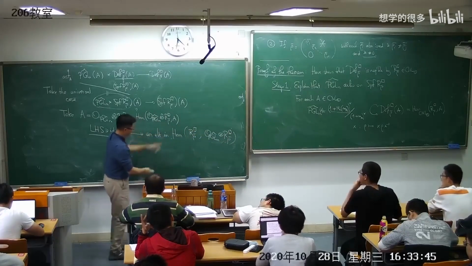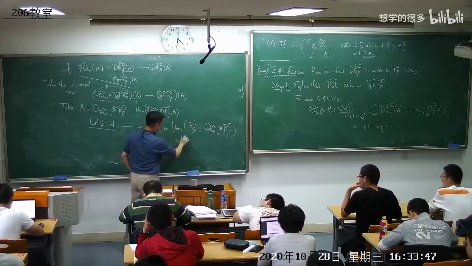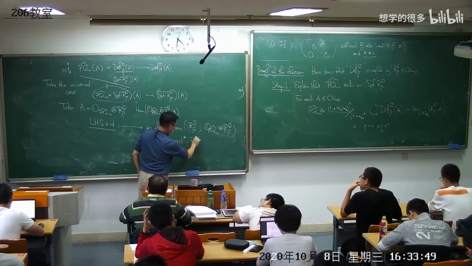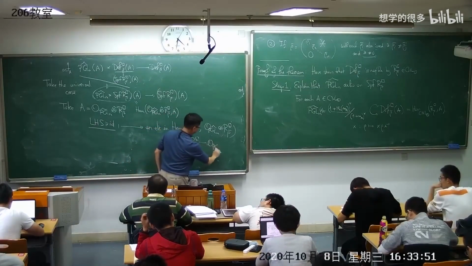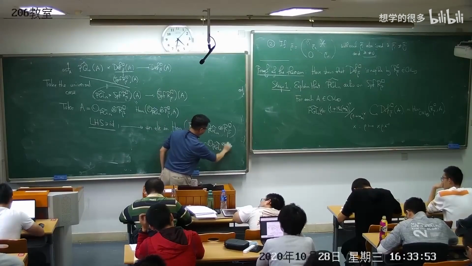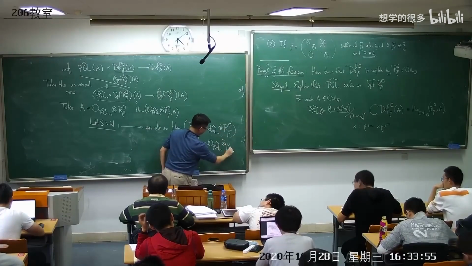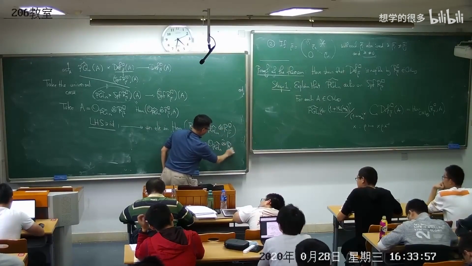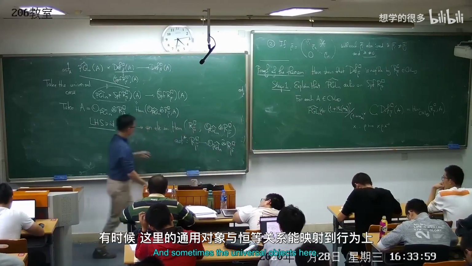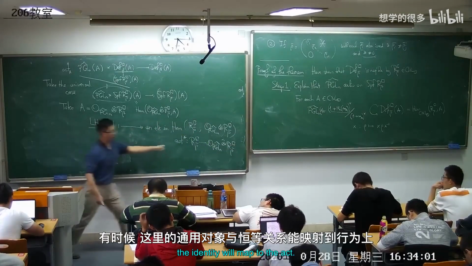Somehow the image of this one is the act map. The universal object here, the identity, will map to the act map.